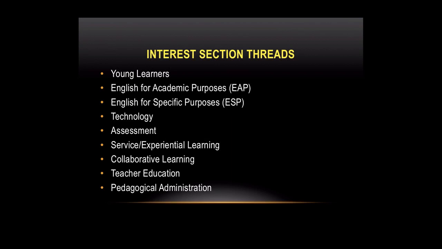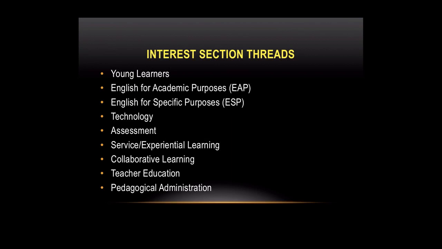The conference is organized around these interest section threads. Young learners, English for academic purposes, English for specific purposes such as business, medicine, and law, technology, assessment, service or experiential learning, which is either doing some kind of service in the community or having experiences.